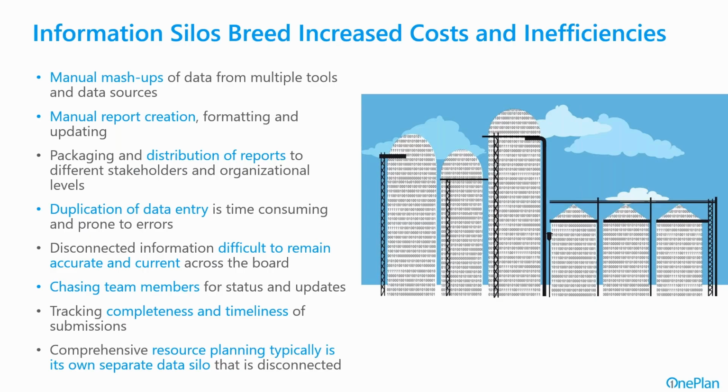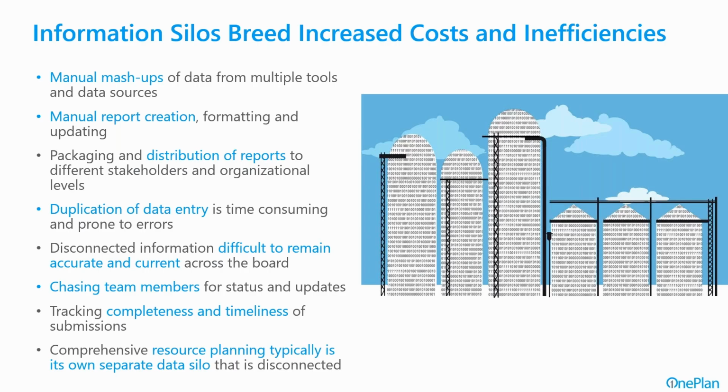With all these different tools, many organizations that have different tools in silos find themselves entering the same exact data in different places. Not only is this time consuming, but it's prone to errors as we transcribe data, just from the human element. And then disconnected information silos is difficult to remain accurate and current across the board and in sync.